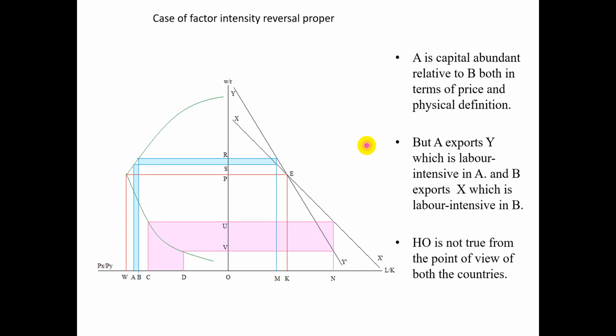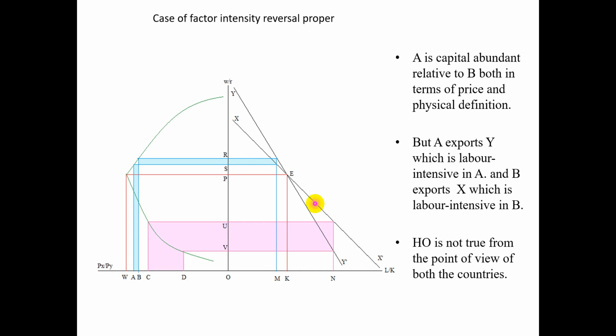Now it is clear that A is capital abundant relative to B both in terms of price and physical definition. But A exports Y, which is labor intensive in A, and B exports X, which is labor intensive in B. So Heckscher-Ohlin theorem is once again not true from the point of view of both the countries.